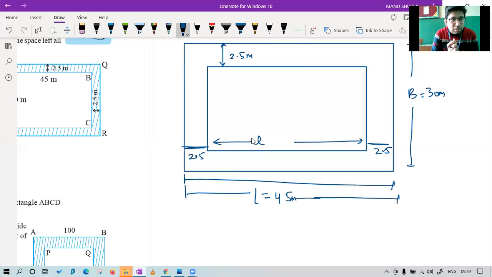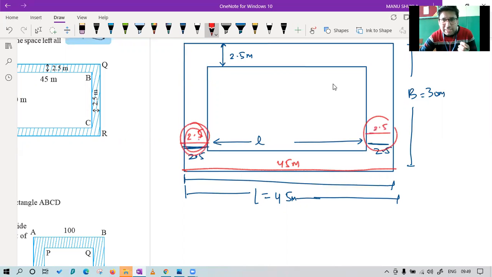Yes, Sarvagya, please see the outside rectangle, this length is 45 meters. This length is 2.5. This length is 2.5. If I delete these lengths from 45, will I get the middle part? Yes. And that is why I told you l is equal to 45 minus 2.5 minus 2.5. That is 45 minus 5 is equal to 40. That is the correct answer.